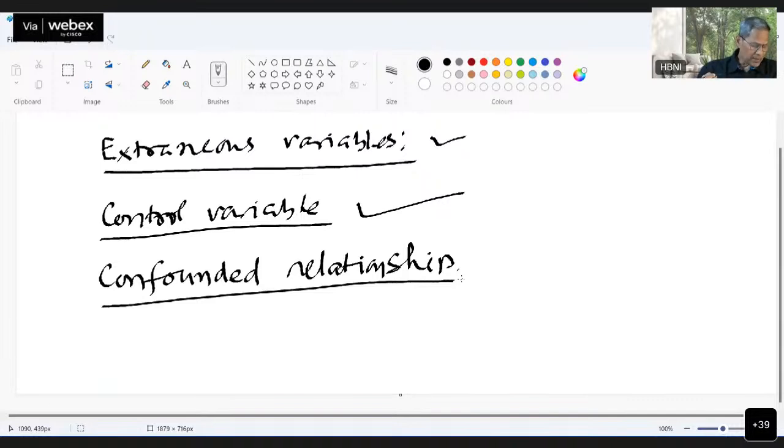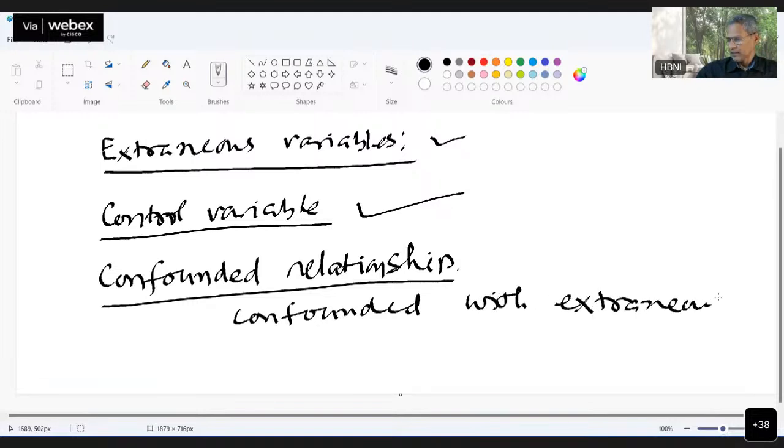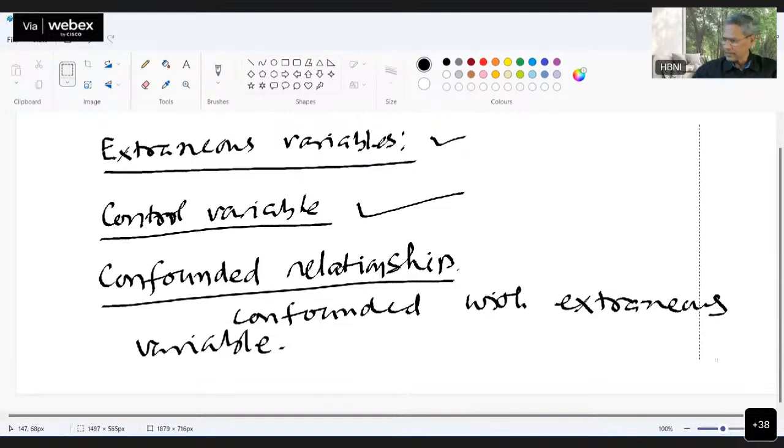But suppose the dependent variable is not free from influence of the extraneous variable, then when you get a relationship between the dependent and independent variable that is confounded with extraneous variable, you say that in that case it is confounded with extraneous variable. Okay, so let me write this.